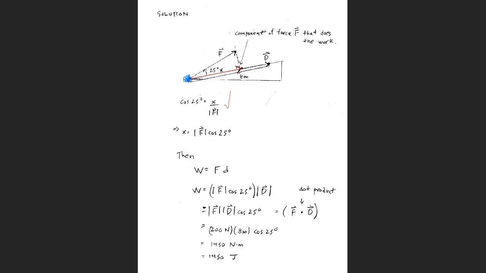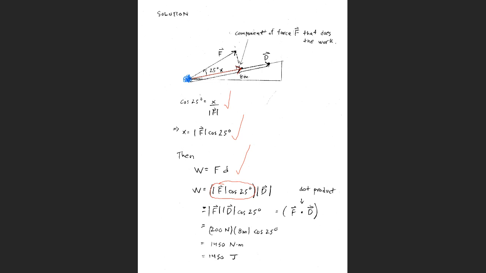So x is equal to the length of the force vector times the cosine of 25 degrees. Now work is equal to force times distance. But remember, the component of the force that does the work is equal to the magnitude of the force times the cosine of 25 degrees.